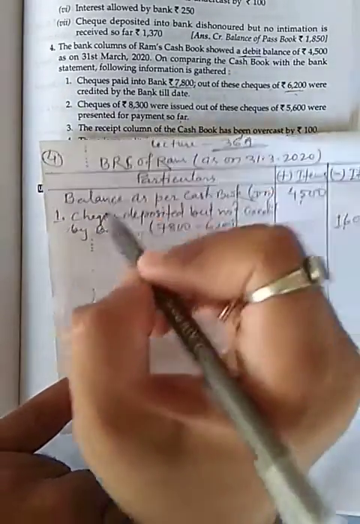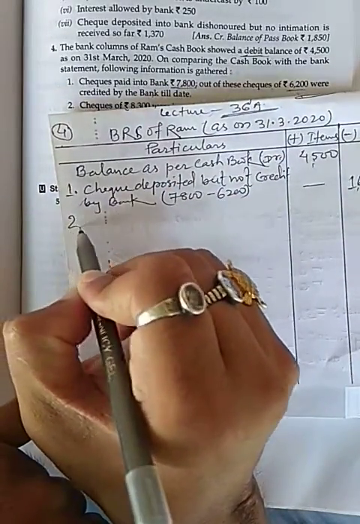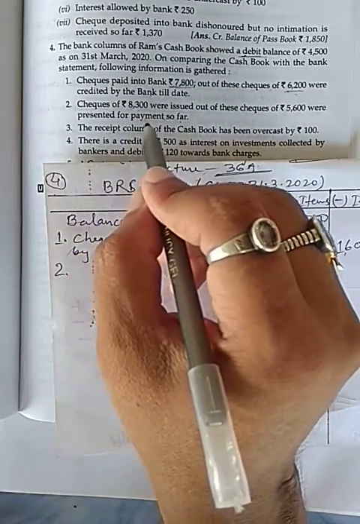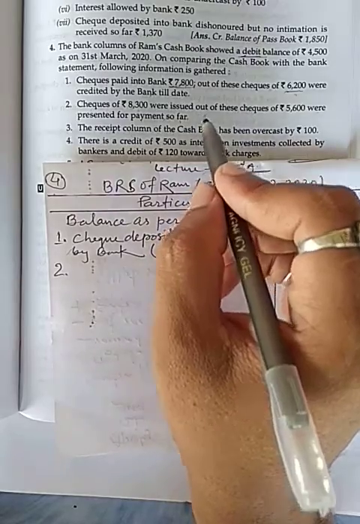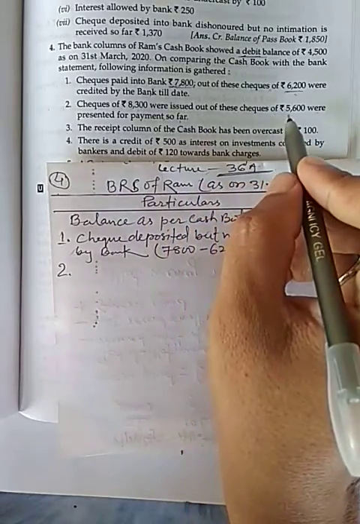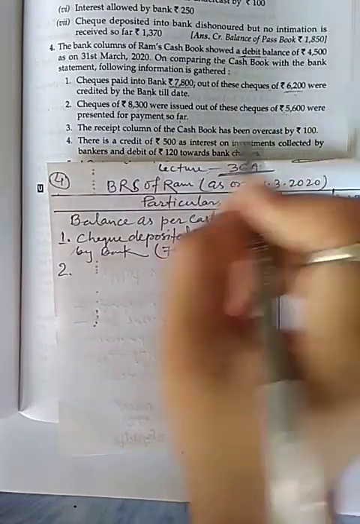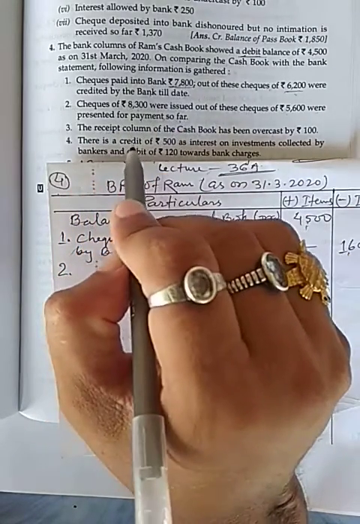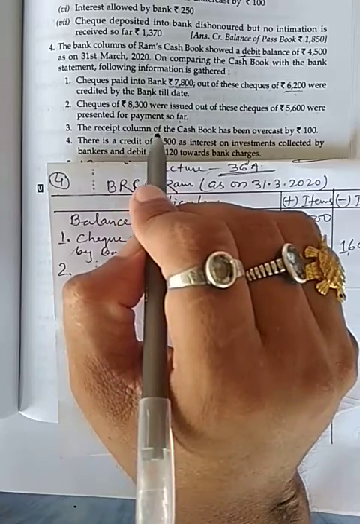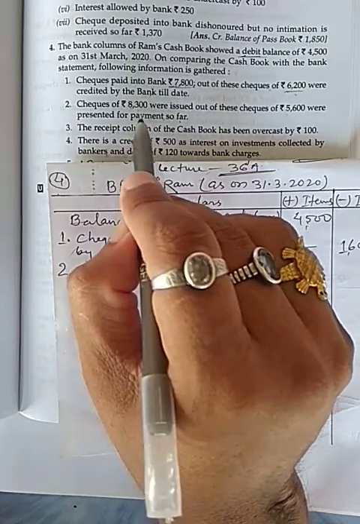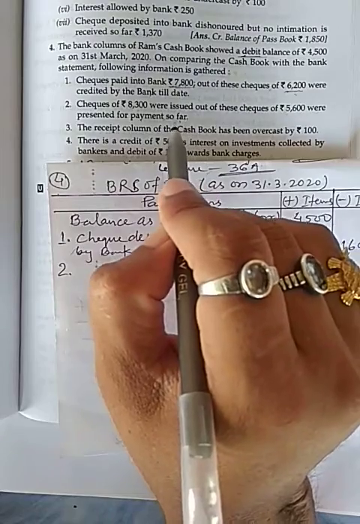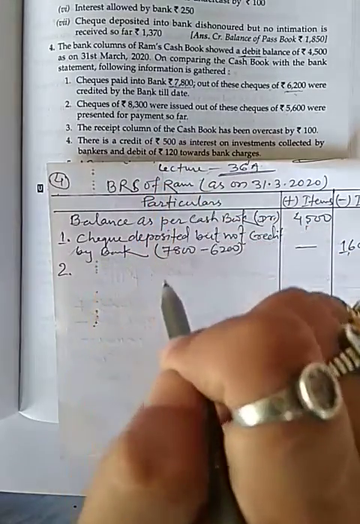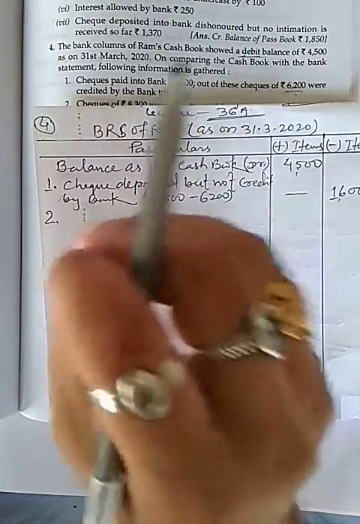Now second is check of 8,300 were issued. Out of the check, 5,600 were presented for payment so far. Now student, when check is issued but not presented for payment, it will be wrong and we will put it in BRS.